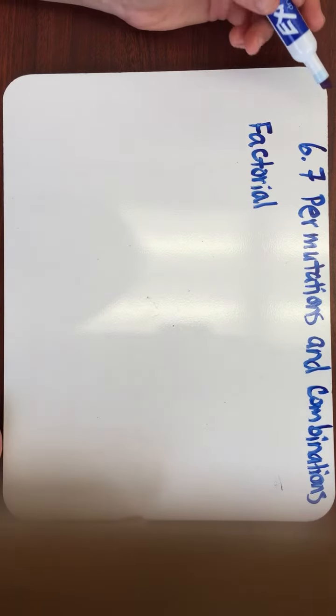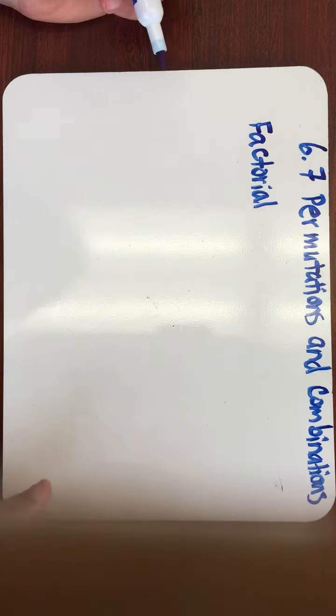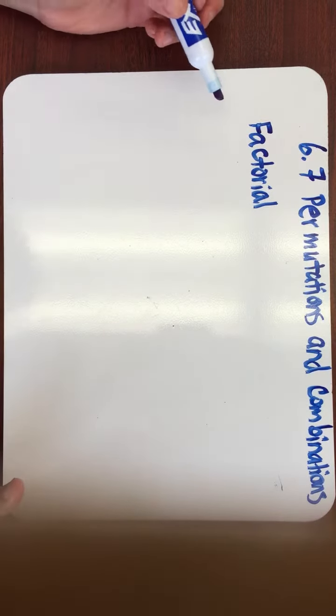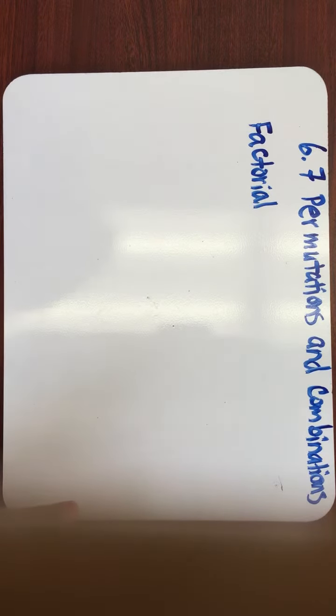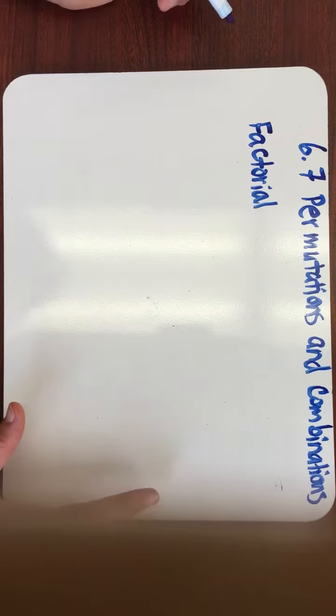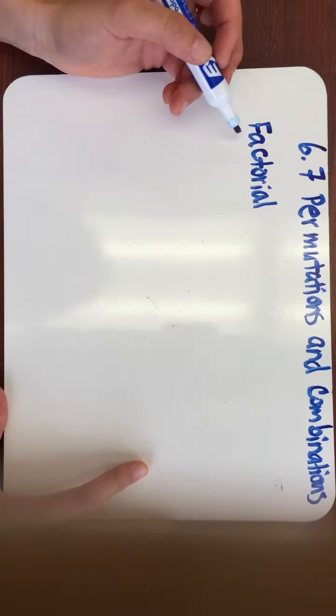Today we're going over 6.7 permutations and combinations. The first thing we're going to look at is what a factorial is. A factorial is ordering a particular set of items.